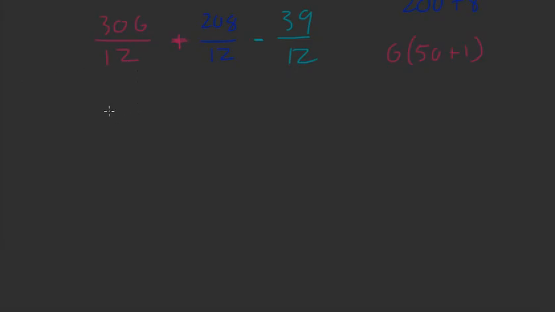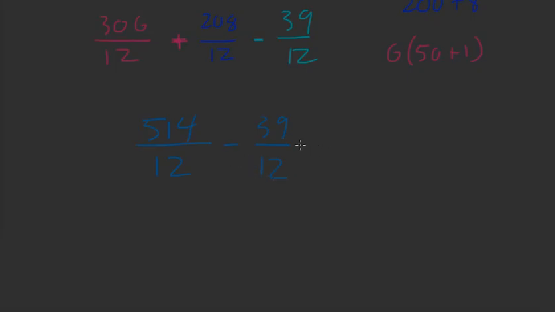So now what we have is we'll do this first because it's addition. And this turns into 300 plus 200 is 500, plus 6 and 8 is 14. So that turns into 514 over 12, okay? Minus 39 twelfths, okay?